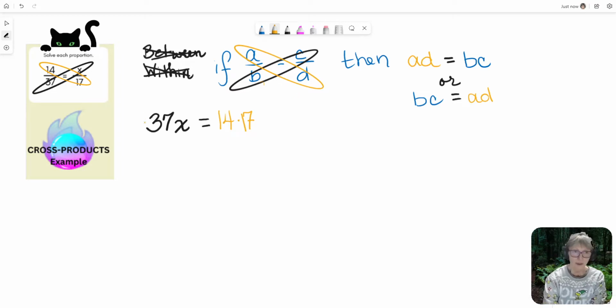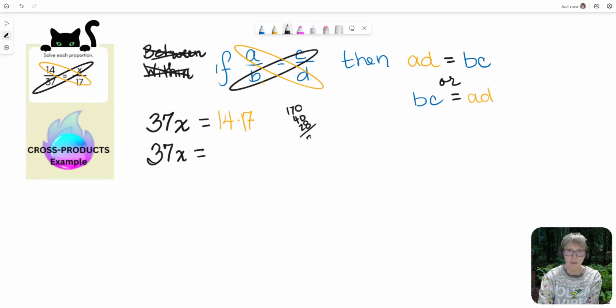All right, so 37x is just going to stay 37x for the next step. No way to simplify that right now. But 14 times 17, we need to multiply that. If I'm doing multiplication in my head, this is how I'm doing it. I'm going to take the 10 and multiply it by 17, get 170. Then take the 4 and multiply it by 10 from the 17 and get 40. And then take the 4 and multiply it times 7 and get 28. It's like, okay, 170 and 40 is 210, plus 28 is 238.